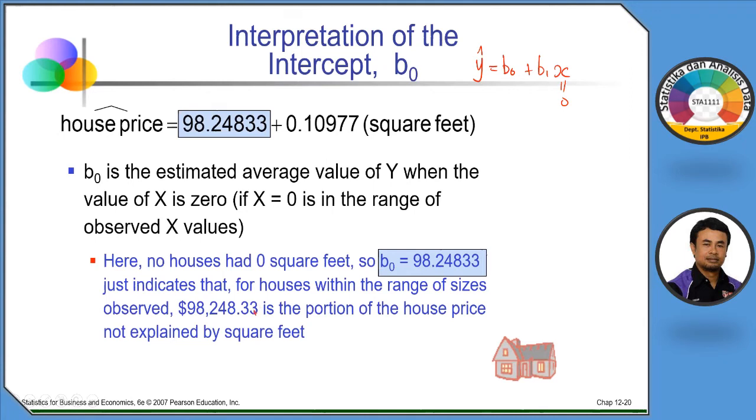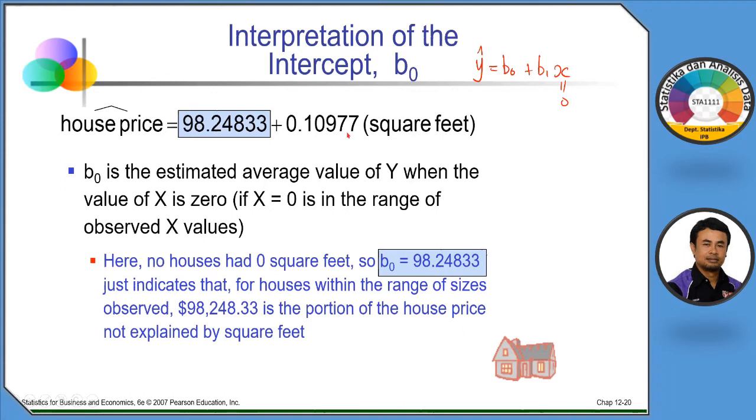It indicates, for houses within the range of size observed, the portion of the house price not explained by the square feet. Sometimes we cannot interpret a regression equation just based on the equation, because if x is 0, it means no house.